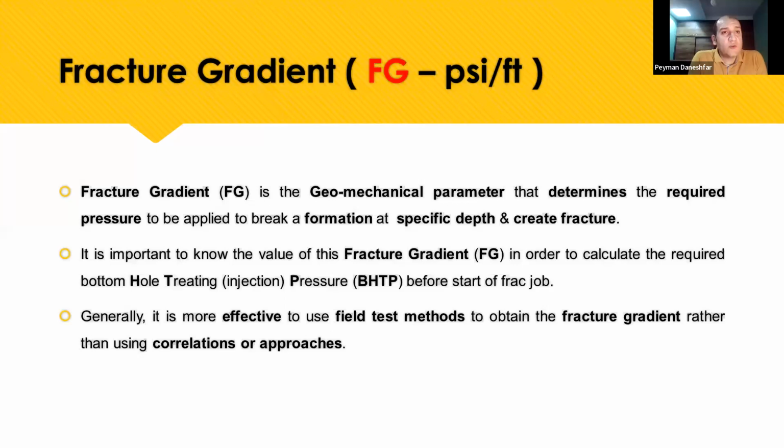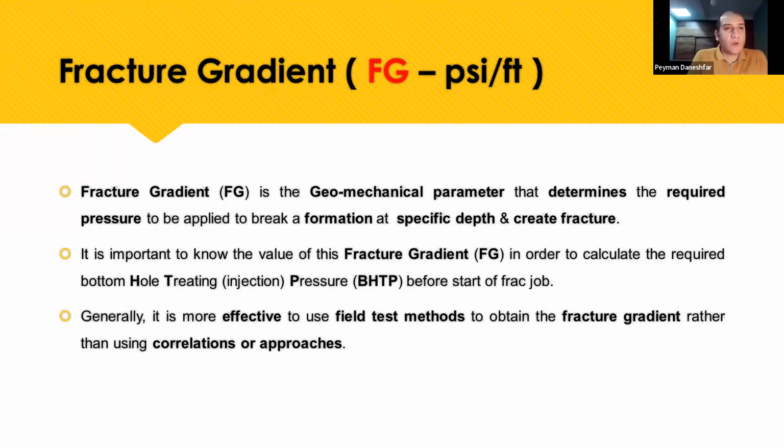Guys, unfortunately, all the time we are given a fracture gradient from one field, and they give us another fracture gradient near this field for the next field, and he or she asks us to give them the best program.